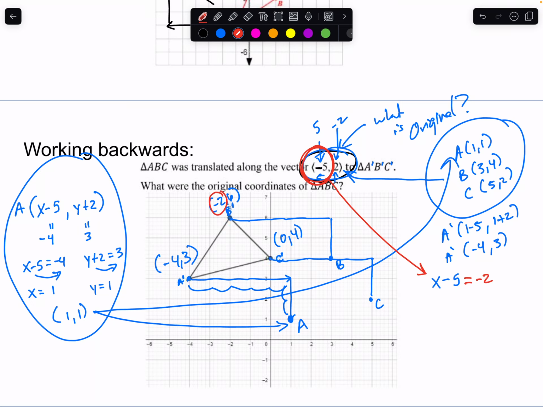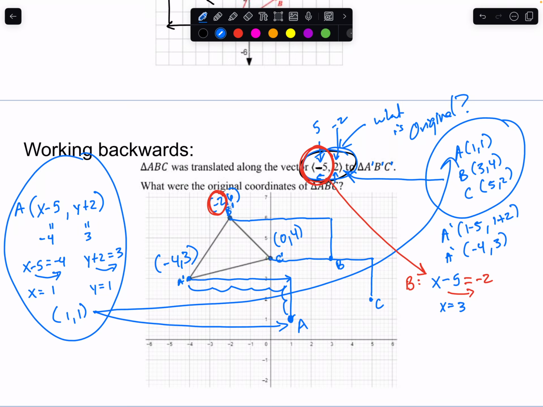That's the x value of the new image, right? So for B, I take whatever x value I'm trying to predict, subtract 5, and I should land at negative 2. And when I move this over and do plus 5 on both sides, I'm going to get x equals positive 5 minus 2 gives me 3.